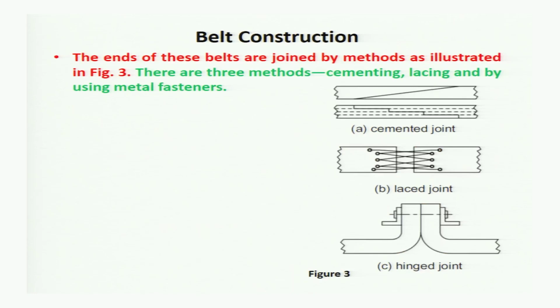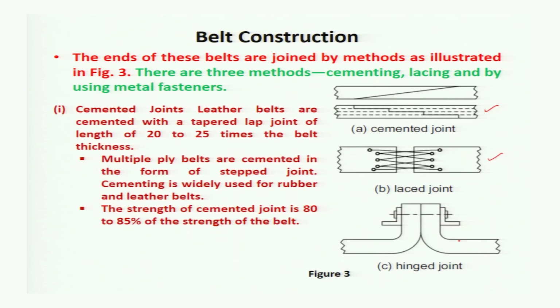Now, the ends of the belts are joined by methods as illustrated in this figure 3. There are 3 methods: cementing, lacing, and using metal fasteners. These are the metal fasteners which are used to join the edges.